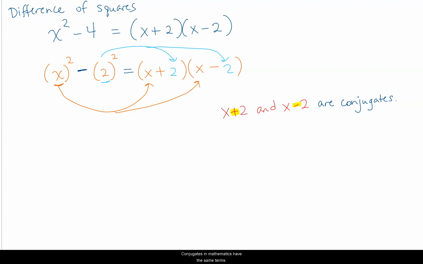So conjugates in mathematics have the same terms. They just differ by one sign. Not both signs, just one sign. And by both signs, I mean the invisible sign that's sitting out here in front of the x in the beginning. So a difference of squares factors into a product of conjugates.